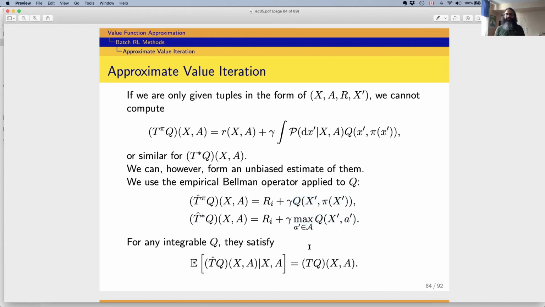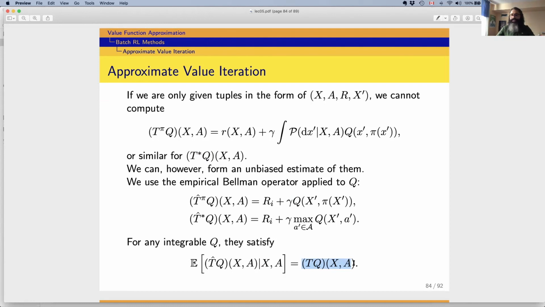And as we showed before, and I guess you can see it by just taking the conditional expectation, the conditional expectation of T hat Q(x,a), conditioned on x and a, would be essentially the same as TQ(x,a). So this is kind of similar to the previous case, where, if you remember, the return is an unbiased estimate of the value function.